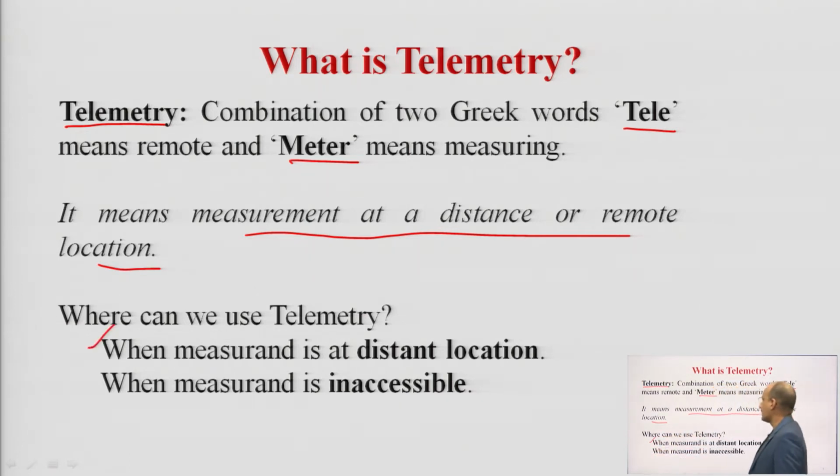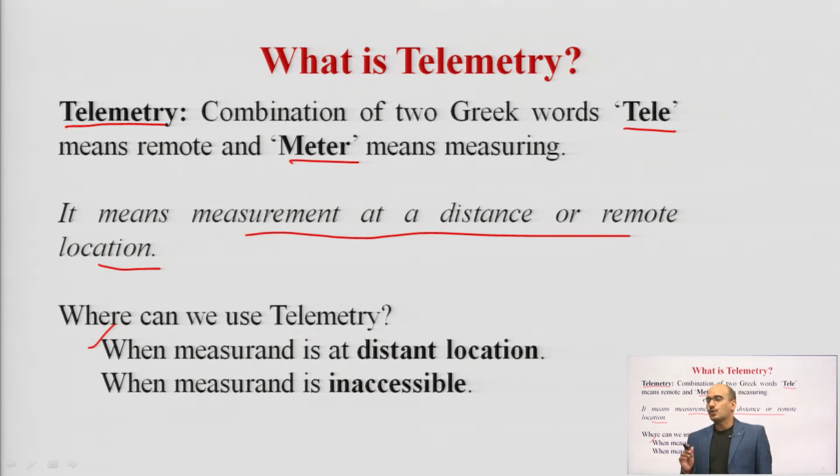First one is when the measurand is at a distant location, a point located at a remote location. I can give you another example, the glacier monitoring system. Glaciers are situated in very remote locations in the Himalayan region, and the institutes, agencies or authorities measuring the condition of those glaciers continuously monitor the status of the glacier by using some sensors.